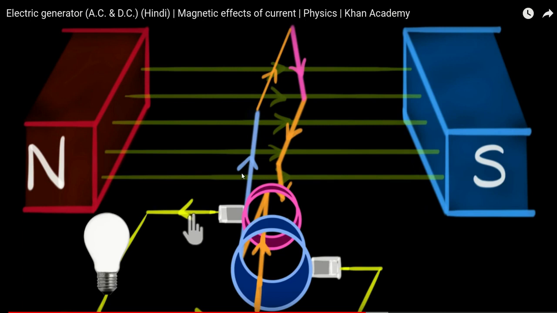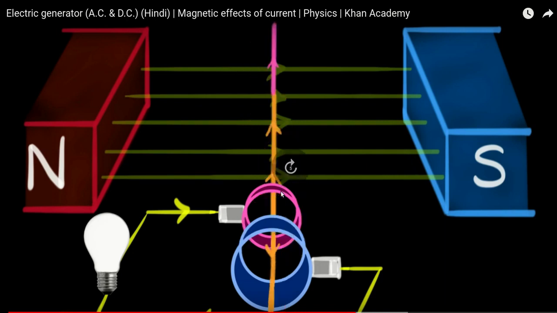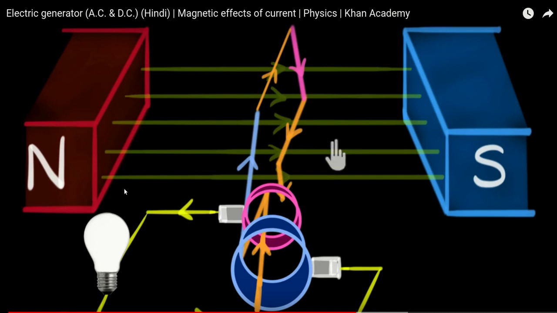Since the pink line is connected to the pink ring, the current flows from the pink ring in the opposite direction in the yellow line, as you can see in the circuit. Before, the current flowed from the blue ring to the pink ring. After the rotation it flows from the pink ring to the blue ring, because the direction of the current changes in the rectangular coil, which we already discussed was because of the force applied.